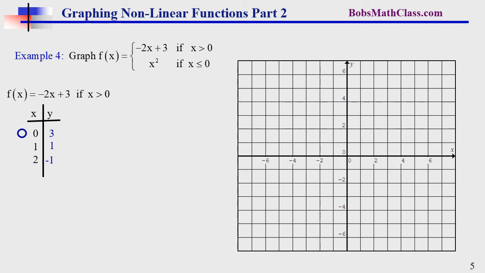So plot those points: 0, 3, 1, 1, and 2, -1. That looks good. Make sure at 0, 3 to put the open circle and then your arrow going the other direction. So it should look like that.